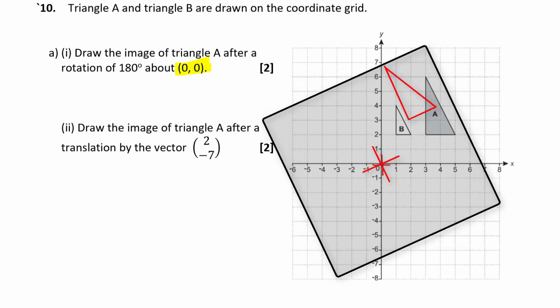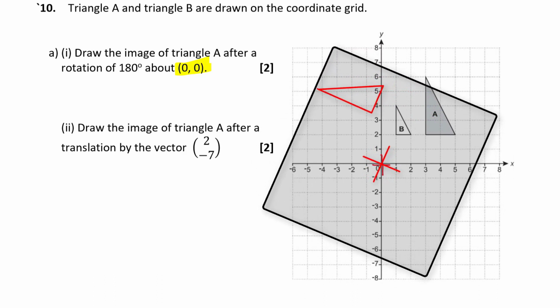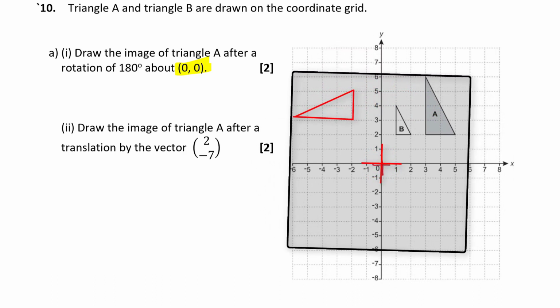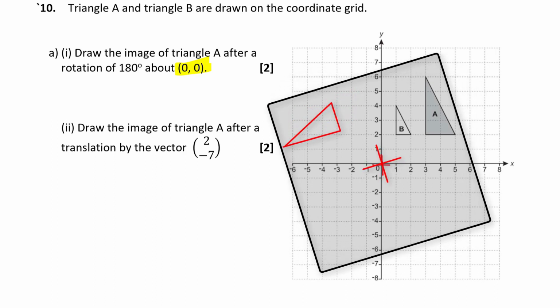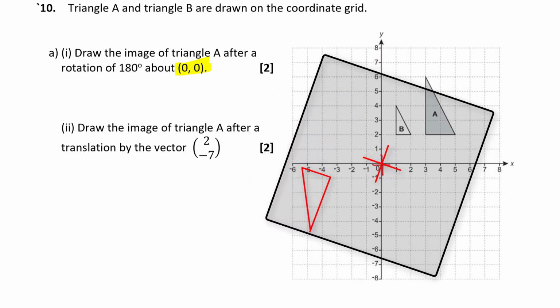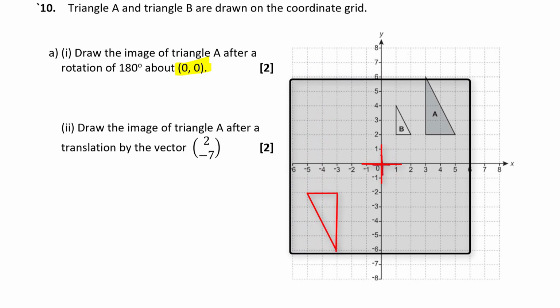When you get that little cross lined up again for the first time, you'd have done a 90 degree turn, and then let it go around one more time so it lines up again, and you've got a 180 degree turn. When you've got a 180 degree turn, they don't bother telling you if it's anti-clockwise or clockwise, because you're going to land in the same place.